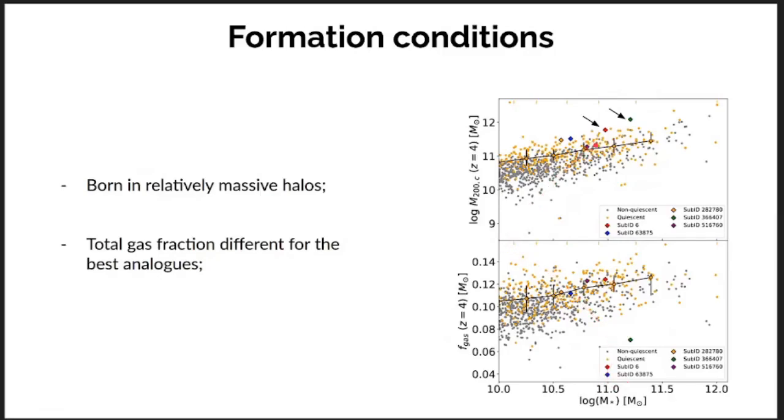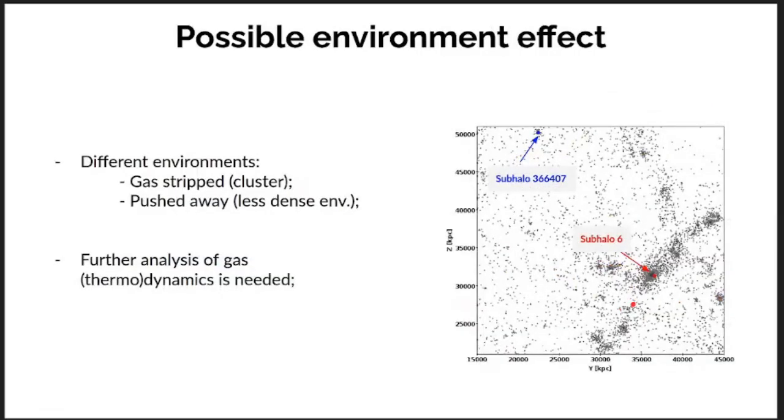So these galaxies were already in relatively massive halos at high redshift. The total gas mass fraction differs for the two best analogues, but what we can see is that subhalo 366407 already had a low gas fraction in its halo very early.